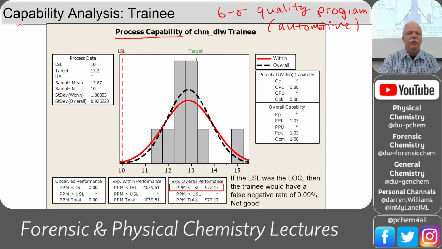Okay. If we were to take that kind of attitude towards the forensics lab, then we would look and see what our lower specification limits are. So let's just say we analyzed this data. It was 13.2% cocaine that was the sample this trainee analyzed.